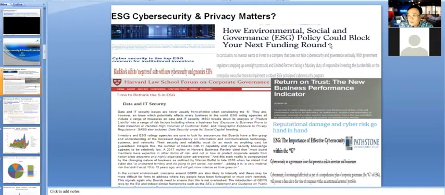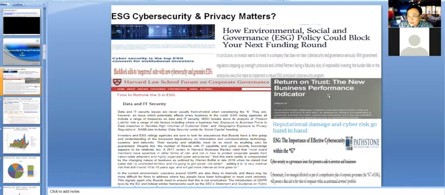Even for startups, venture capital now considers, when choosing its investment portfolio companies, whether the company relates to ESG management and compliance or to ESG innovation.